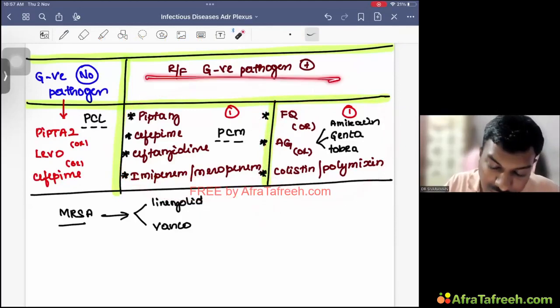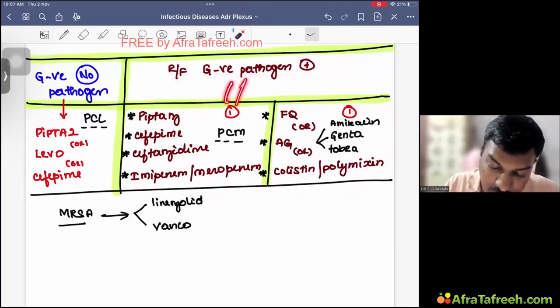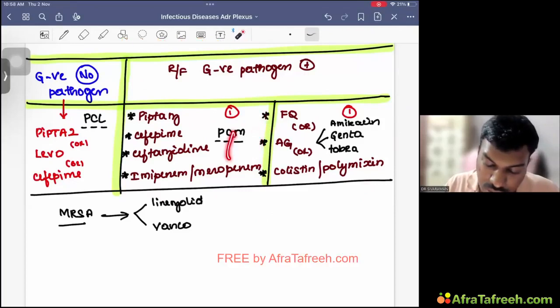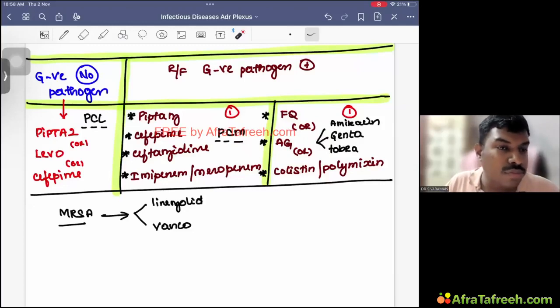Whenever you have risk factors like antibiotics in the past or hospitalization in the past, you go for this regimen, which is 1 plus 1. Understood? But ultimately, it depends upon the local antibiotic policy. Every hospital has their own antibiotic policy to follow.